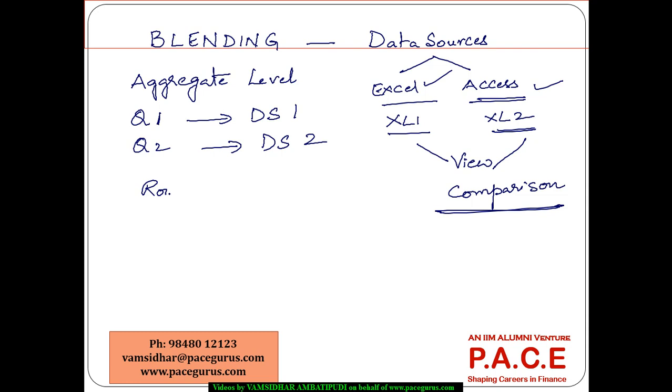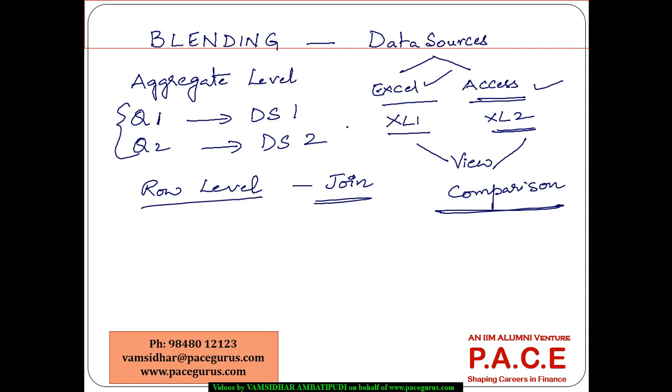It's not a row level kind of aggregation. Right? In join, we are doing a row level aggregation. Right? Where we are trying to look at each record. So there is a single query to a single data source. So here we are looking at different queries to each source.